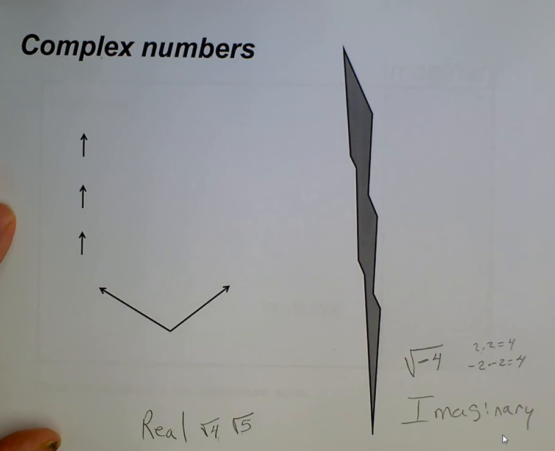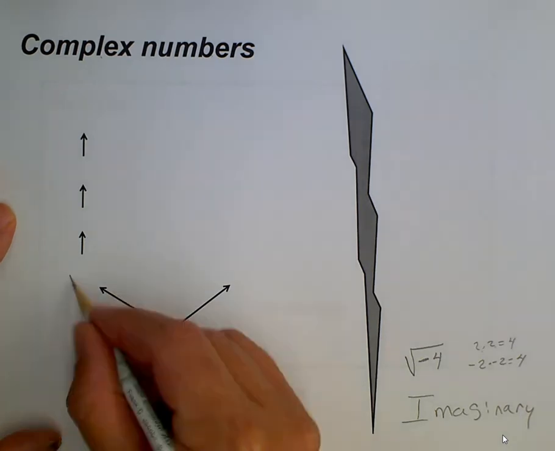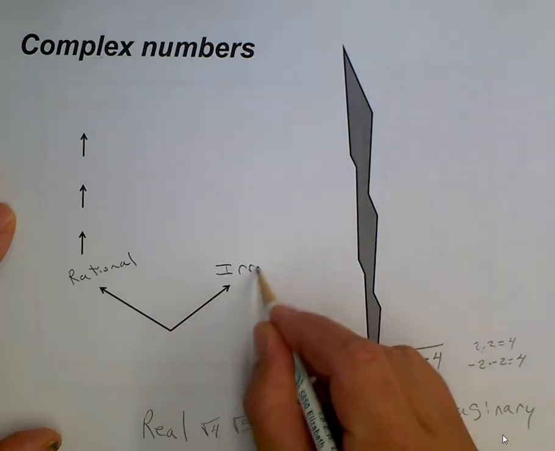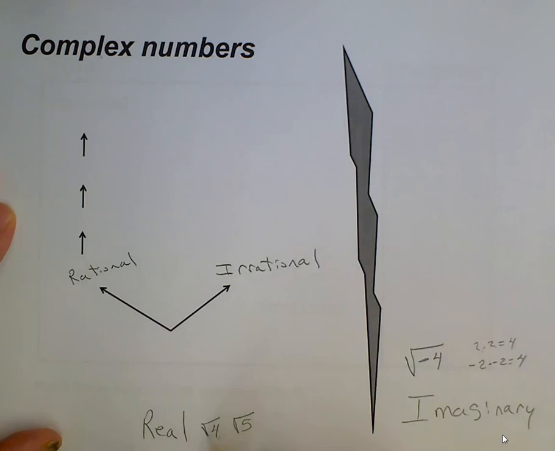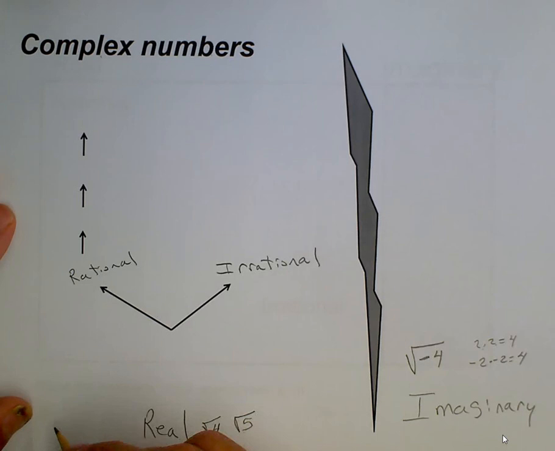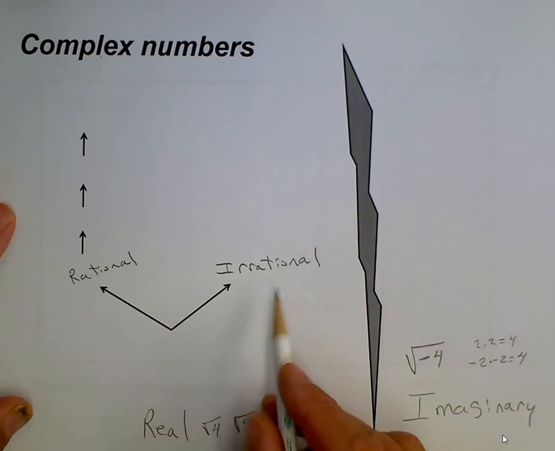Now, the real numbers, they're divided into two parts: rational and irrational. Rational numbers are numbers that can be written as fractions. Irrational numbers cannot be written as fractions.